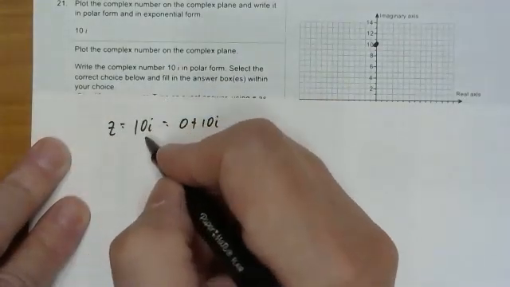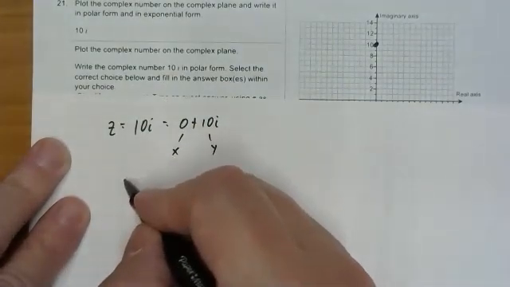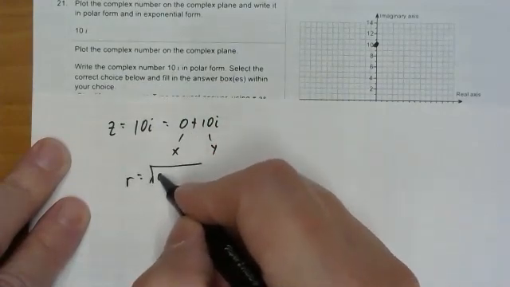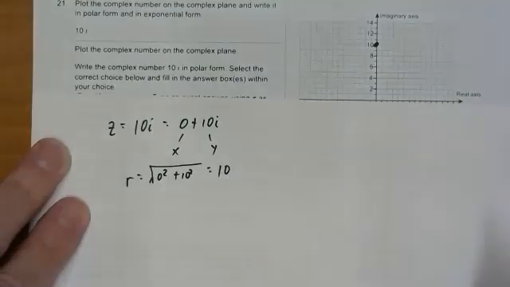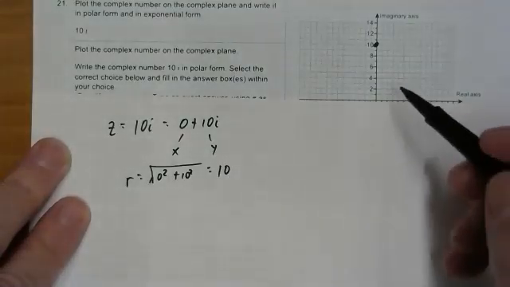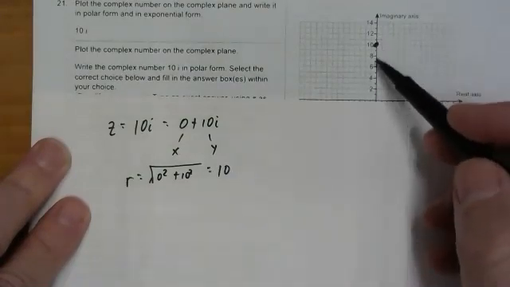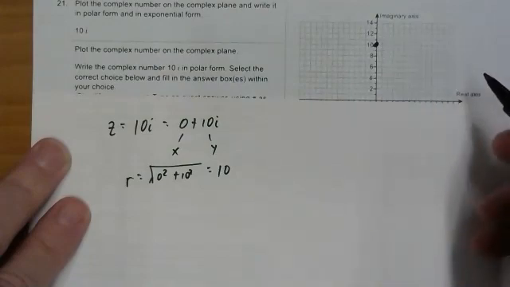So there's x and there's y, right? So r, 0 squared plus 10 squared, square root of that, it's just going to be 10. I don't even need to do, what's this angle here? This angle is pi over 2.